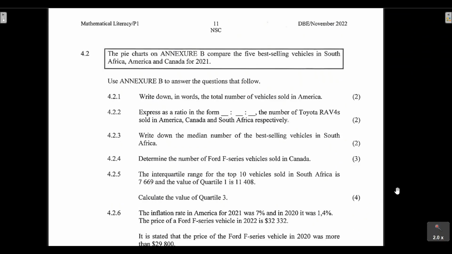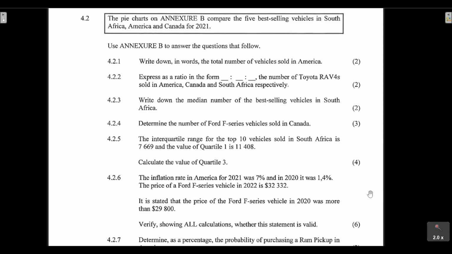And I remember I had a question from one of my learners that is forever commenting on the video tutorials, and he or she mentioned that they don't really understand the concept of the interquartile range. I think it's Sakile, yes. So I hope that this video tutorial is going to make it easier, because I'll try and explain in detail what exactly we are doing when we are calculating the interquartile range.